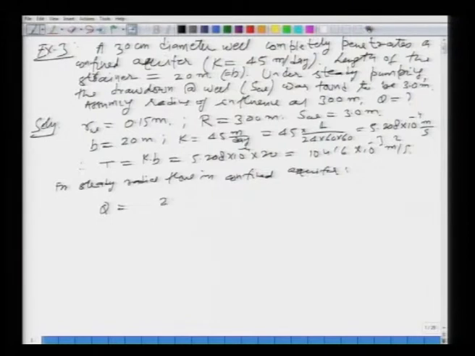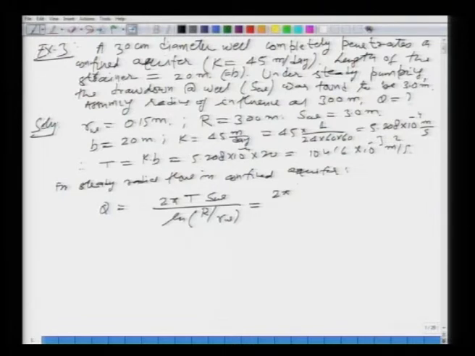It is 2 pi T times S2 minus S1, so S2 is your SW, S1 is 0, divided by natural log of R2 over R1, which is capital R over RW. So, we have calculated T, SW is given, R is given, RW is given, pi is a constant. So, if we put all the values, we can find the value of Q.